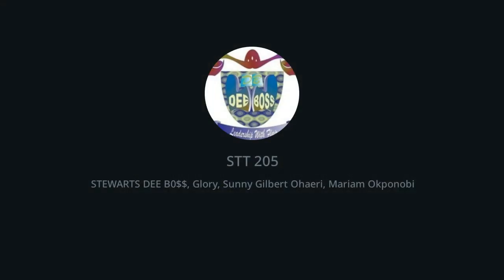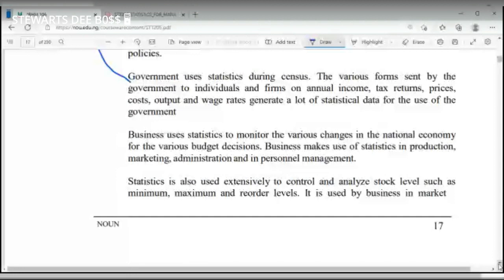Now business uses statistics to monitor the various changes in the national economy for the various budget decisions. Okay, so that is business. Business makes use of statistics in production, marketing, administration, and in personnel management. So we have personnel management, administration, marketing, production.